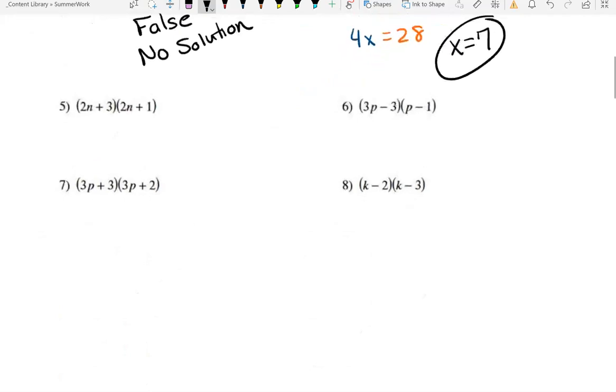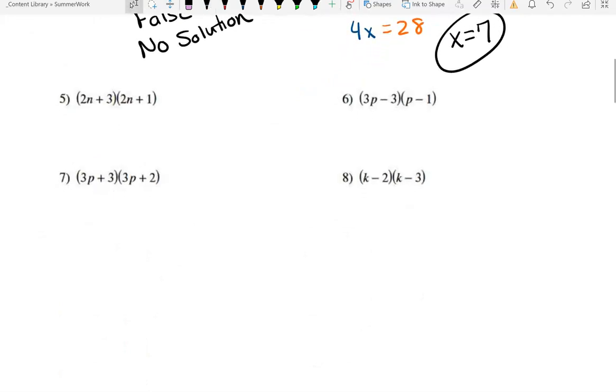Okay, so this next set is multiplying binomials. Something you might have seen at the end of Algebra 1, if you remember. But there are a couple ways to do this. You could do FOIL. I hate FOIL just because it doesn't work if there's more than two terms in each set of parentheses.